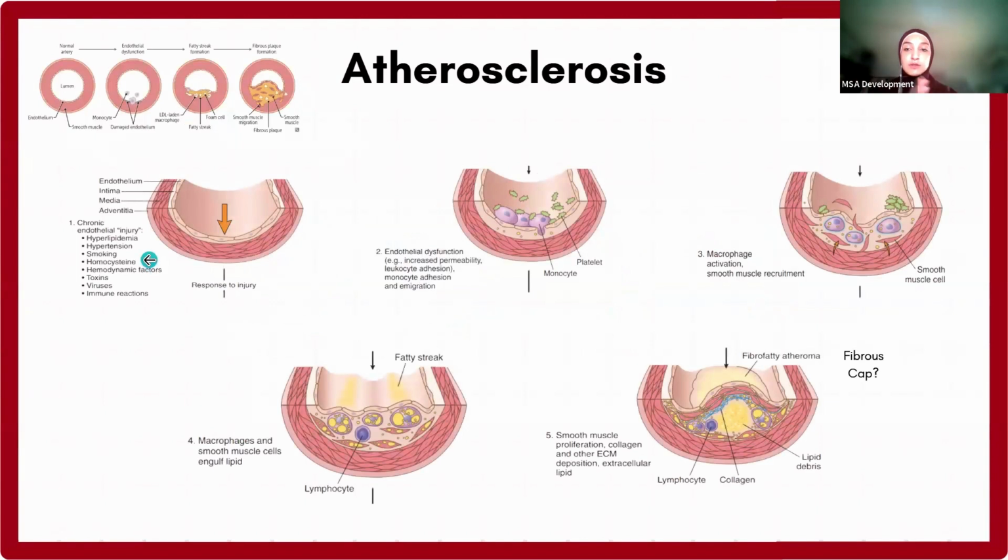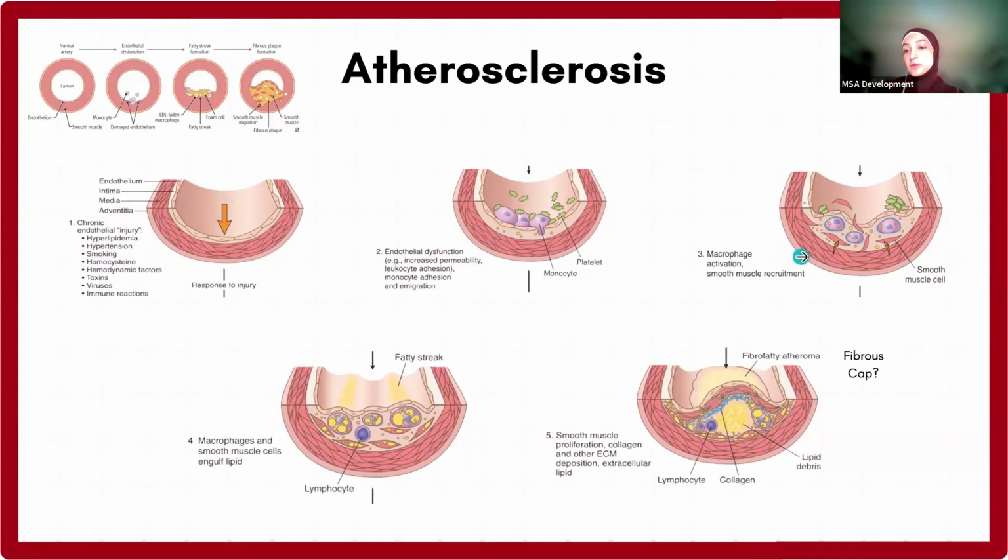Now, these are all pictures that you all are familiar with, just in a little more detail. We said it's due to chronic endothelial injury because of the risk factors that we talked about, hyperlipidemia and hypertension. It's going to lead to endothelial dysfunction. This endothelial dysfunction will increase the permeability of the blood vessels, and thus the monocytes and all the WBCs that were recruited to the site will enter the arterial wall.